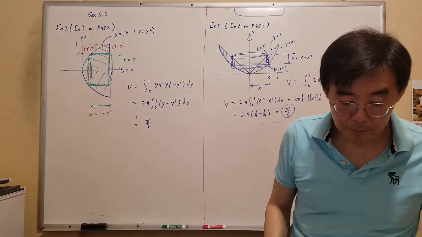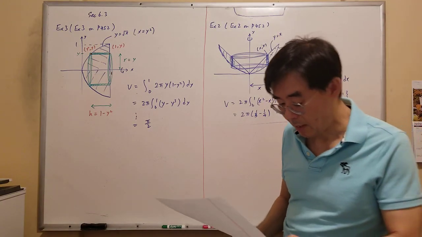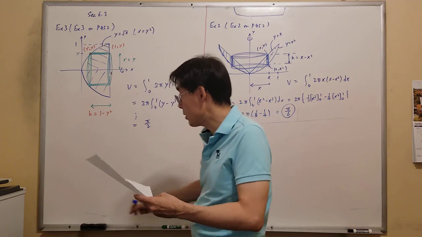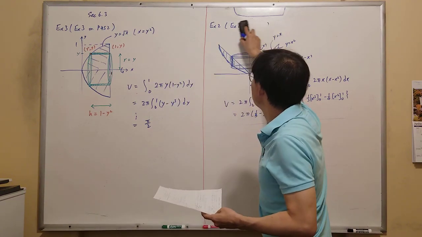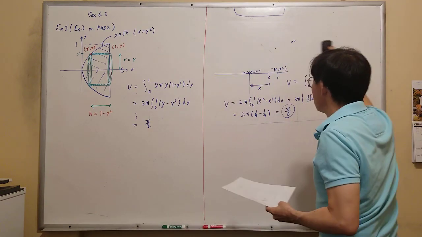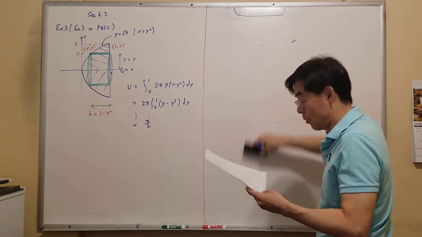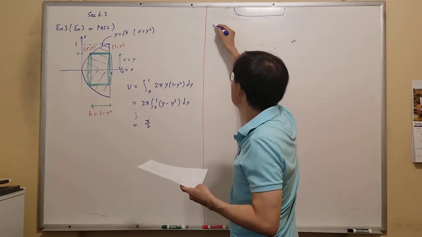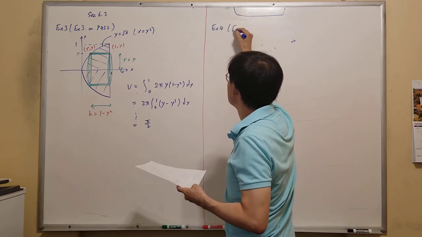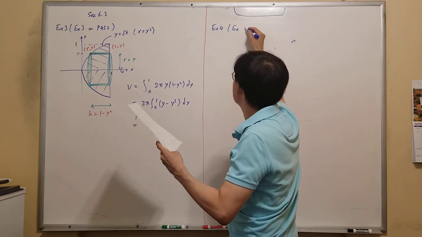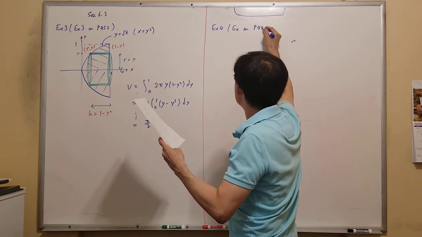Okay? Now, the last example. What if your rotation axis is not the x-axis nor the y-axis, but something parallel to those? That would be example 4, our last example, page 452.